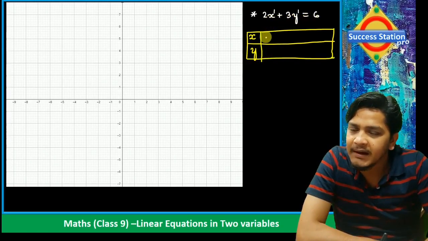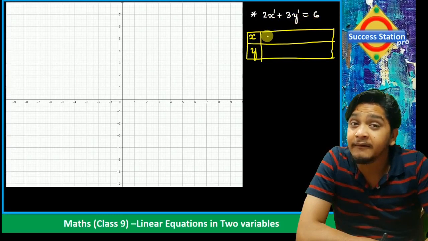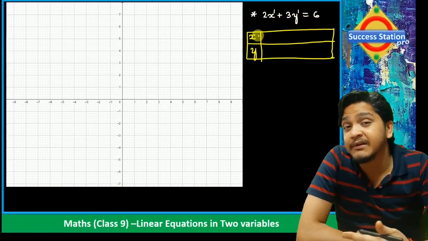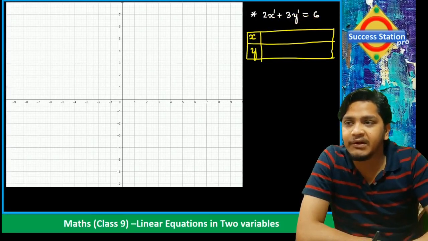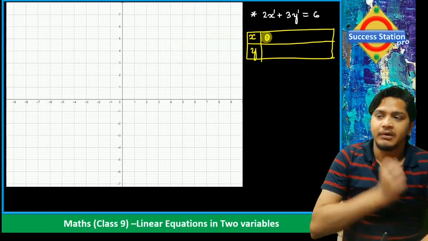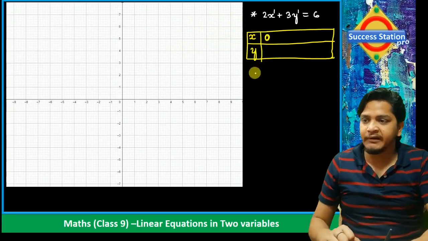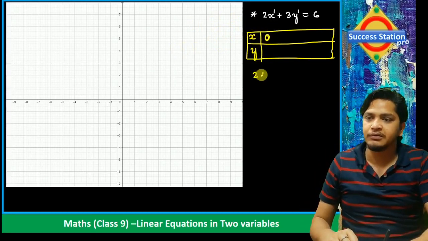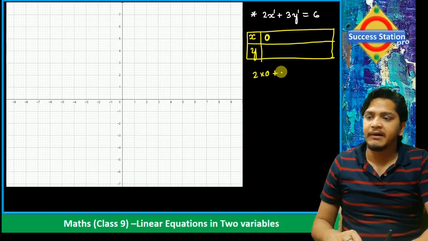So x, let x be something. This is a way of solving. So we will take x equal to 0. Now putting x equal to 0 in the equation, what do we get? 2 into 0 plus 3y equal to 6.